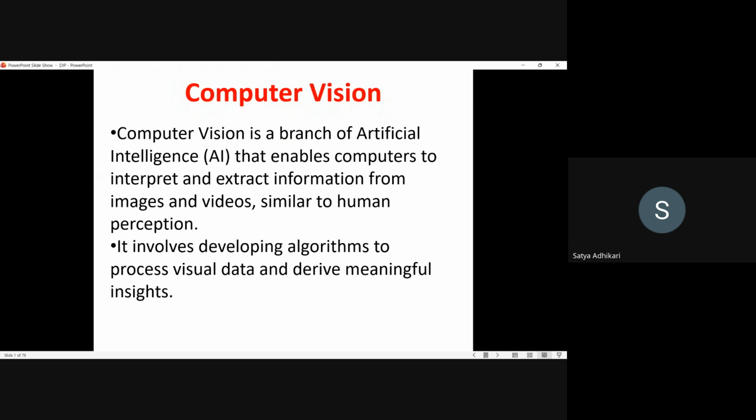We are humans, we have eyes and a brain, so we can extract information from an image easily: this is a vehicle, this is a tree, this is a human. We know that. But how does the computer know? It involves developing algorithms to process visual data and derive meaningful insights from it.